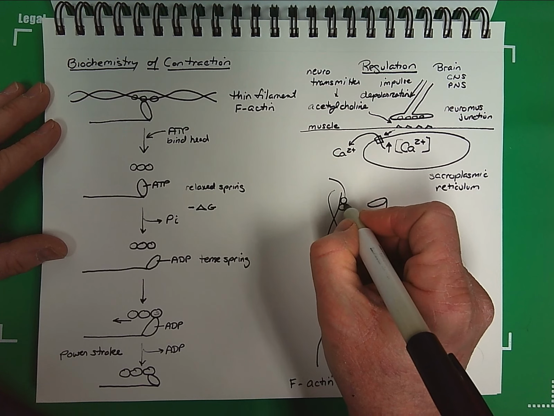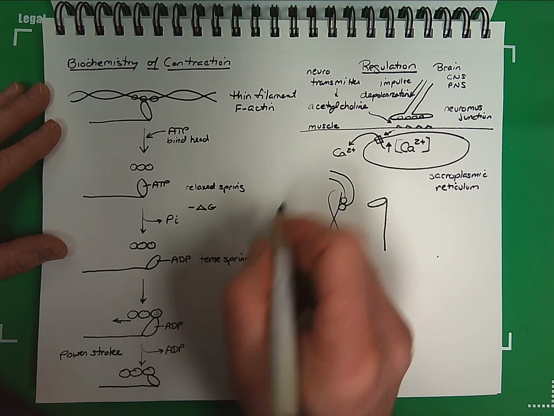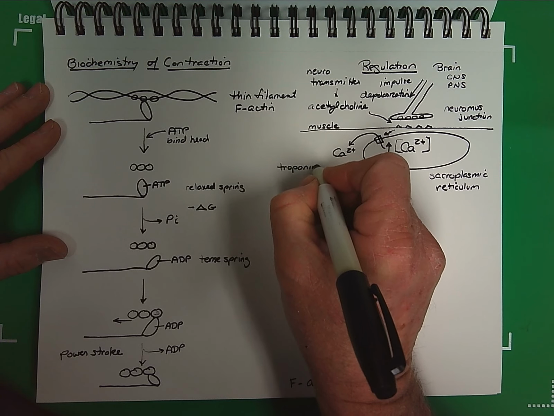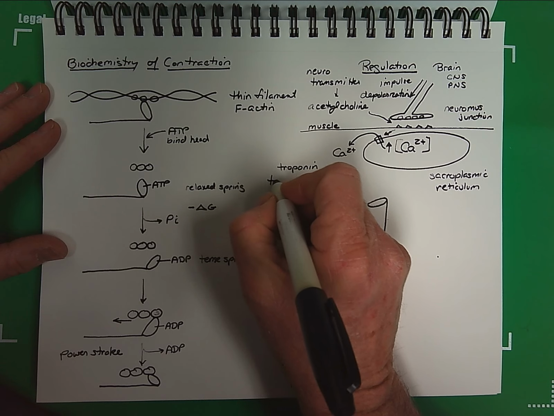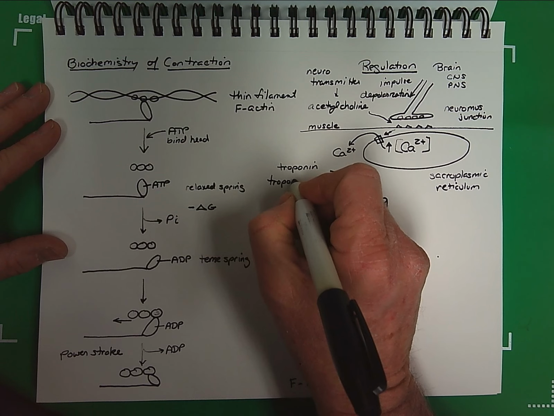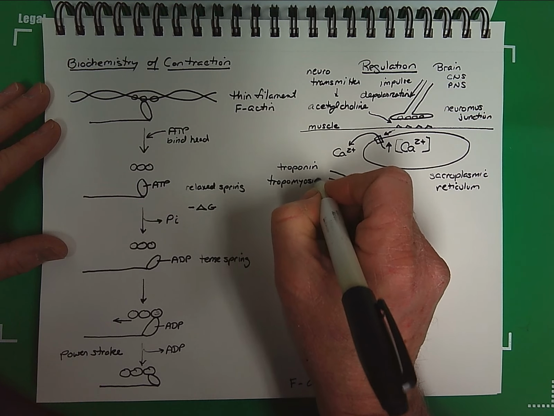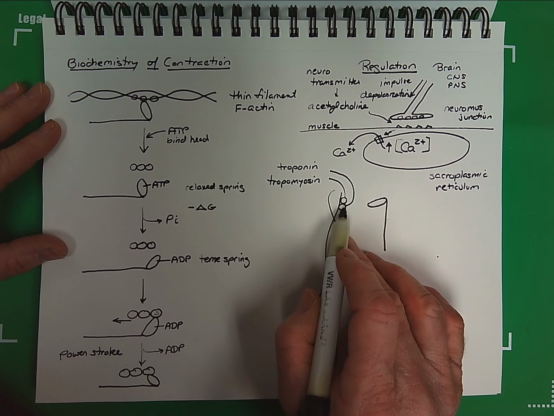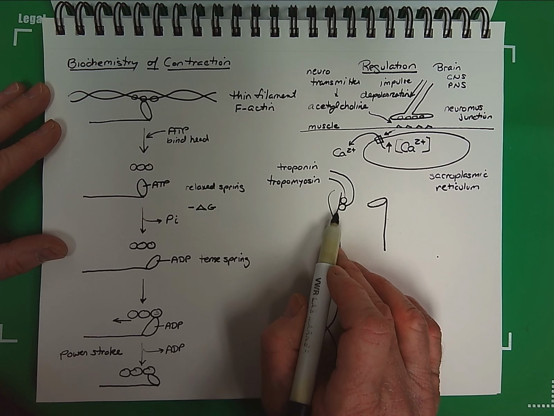These complexes consist of two specific proteins. One is called troponin. The other is called tropomyosin. And these two proteins bind together, and they bind to actin.